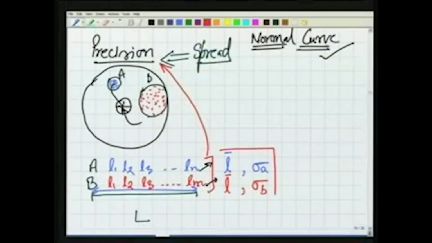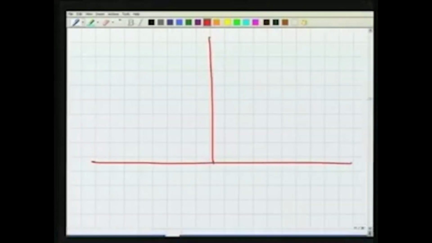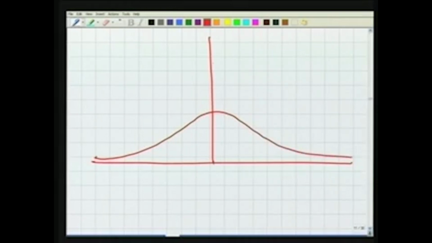Well, how to make use of these two in order to see which observation is more precise? I will try to plot it now. The plot of these observations may look like this for B, and for A, the plot looks like this. It is quite possible.